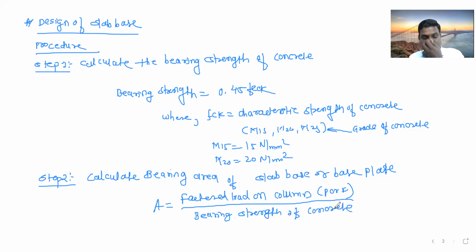It means whatever load is coming on the column, divided by the concrete strength, then we will get the area for this particular plate. So it is nothing but P by 0.45 FCK. P or F by 0.45 FCK. This is the area required for the plate. Okay. So step 1 and step 2 are over.